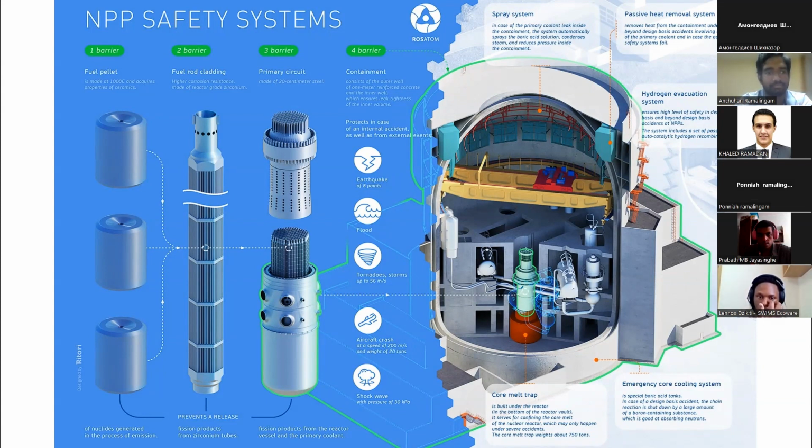We have the next question. What are the advantages of generation 4 reactors? Why are there still many countries building PWR and VVR reactors? Okay, generation 4 reactors are still under research. Only China has built an operational one up to date. The other ones are still either under research or under construction. For example, the one in Russia, Brest 300, is under construction. The other ones are under research.